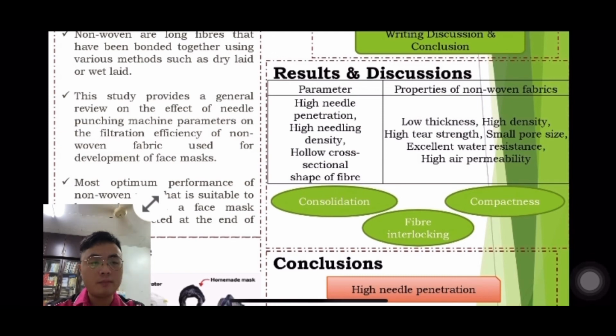When the non-woven mat has high needle penetration, high needle density, and hollow cross-sectional shape fibers, the non-woven fabrics are produced with low thickness, high density, strong tear strength, small pore size, excellent water resistance, and high air permeability. This may be due to three factors, that is the change of fabric compactness, the change of fabric consolidation, and the fiber interlocks when the machine parameters and fiber parameters change.